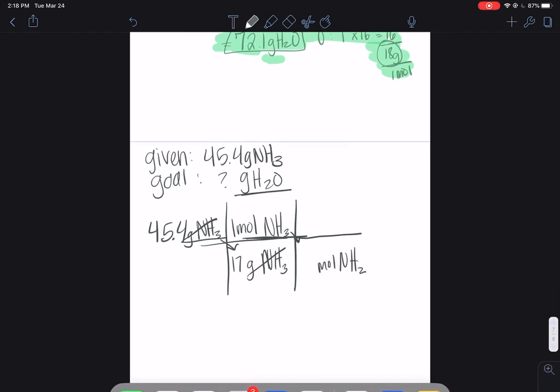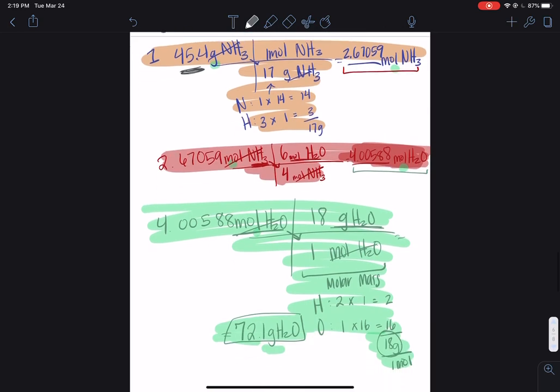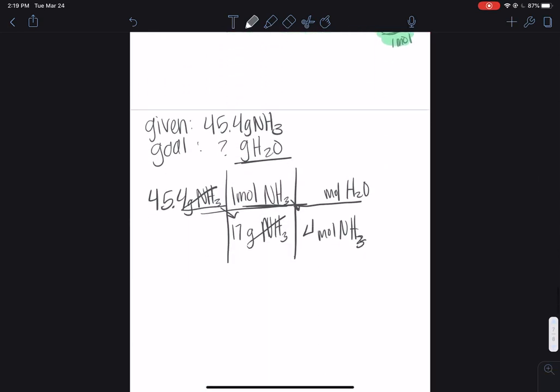So when I have moles of one thing and I'm trying to get to moles of another, I'm going to use the coefficients from the equation up here. So I know that it takes 4 moles of NH3 to make 6 moles of water. So then mole and mole cancels, and now I'm in moles of water.